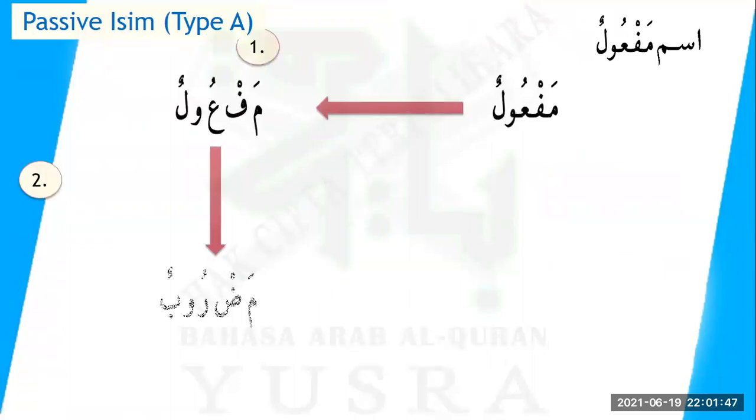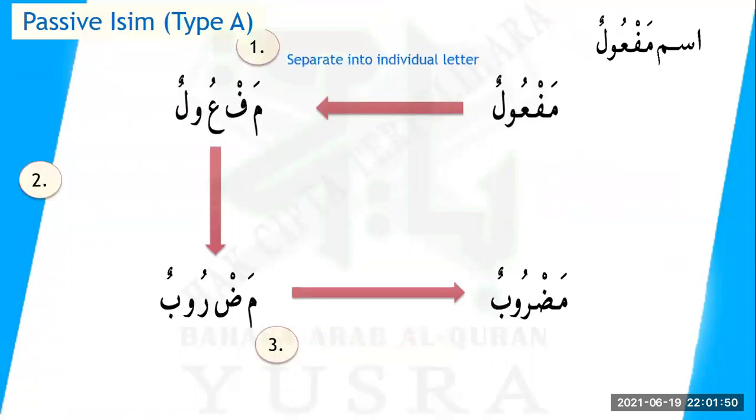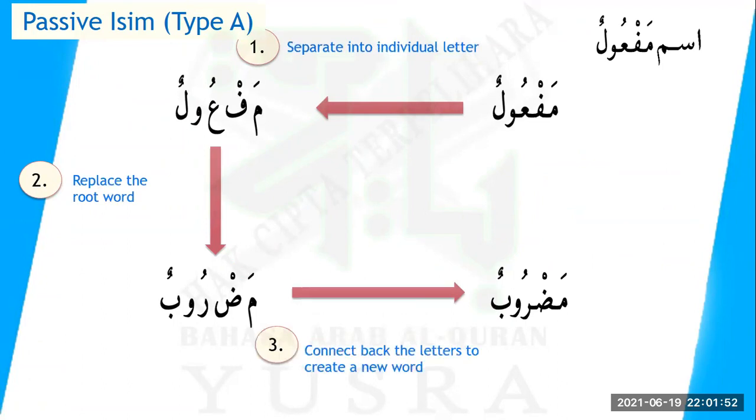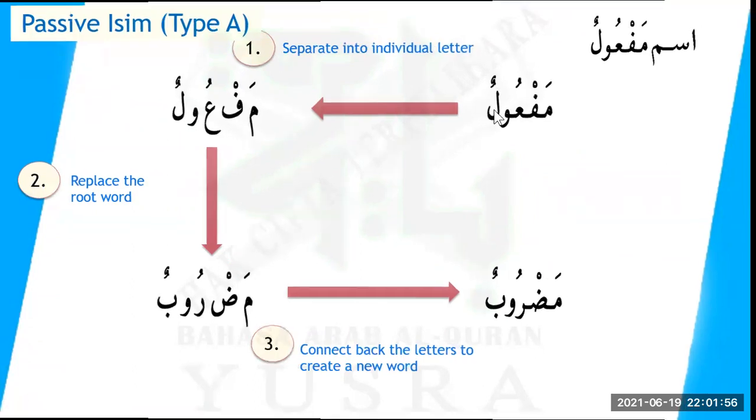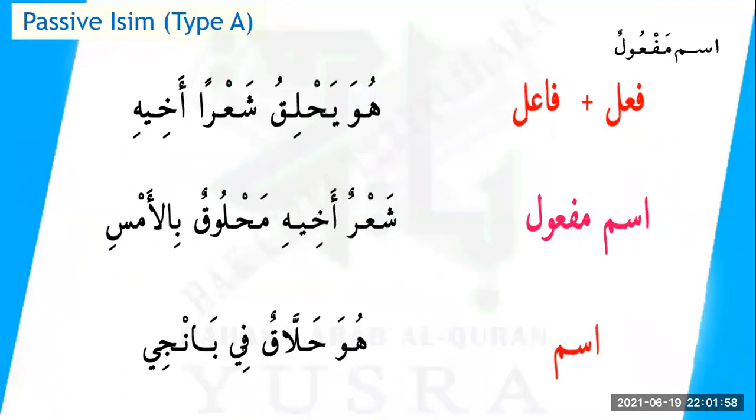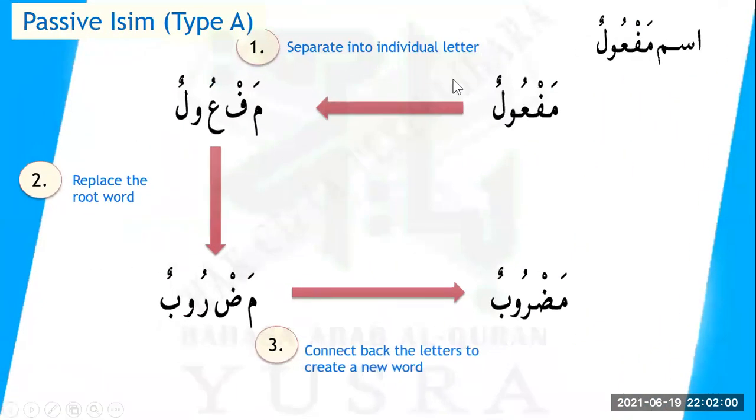Now there's a passive form, as mentioned before. You have the maf'ulun. Okay, I have to add one more sentence. The maf'ulun means the one being done on.